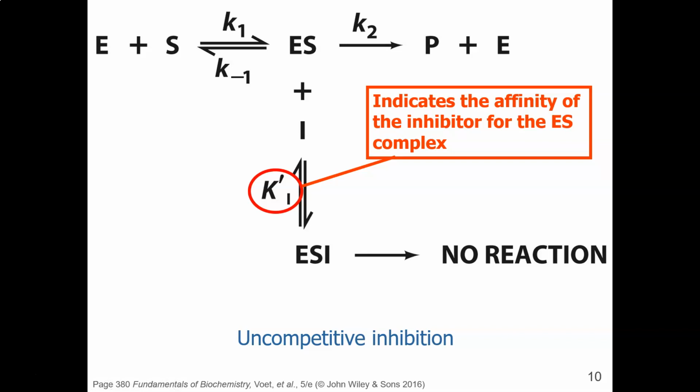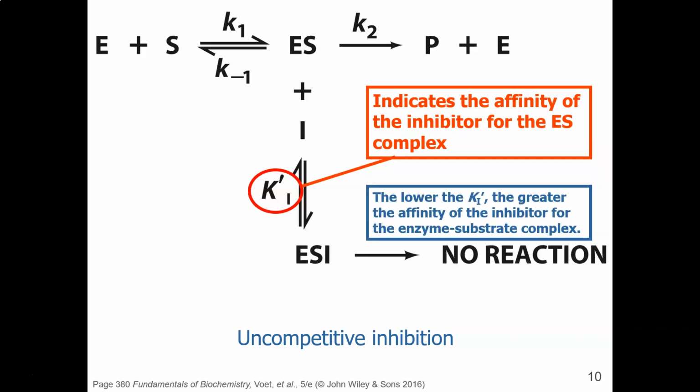Because the inhibitor is binding to the enzyme-substrate complex, we have a different K, and we're going to call this Ki prime. Whereas Ki described the affinity of the inhibitor for the enzyme, the Ki prime describes the affinity of the inhibitor for the enzyme substrate complex. So again, the lower the Ki prime, the greater the affinity of the inhibitor for the enzyme substrate complex.